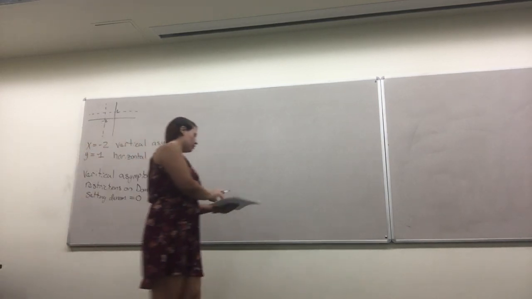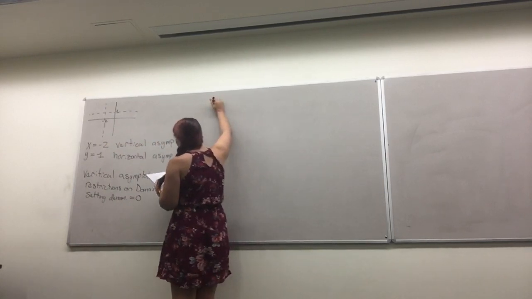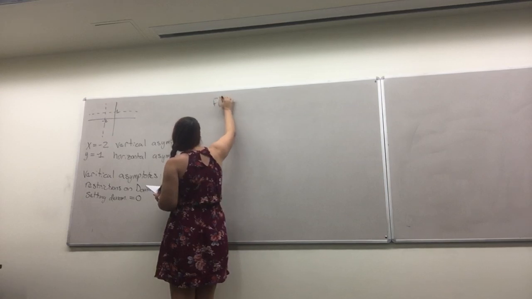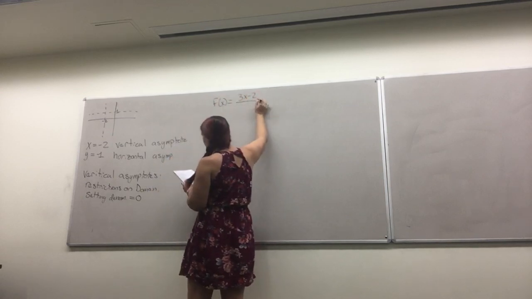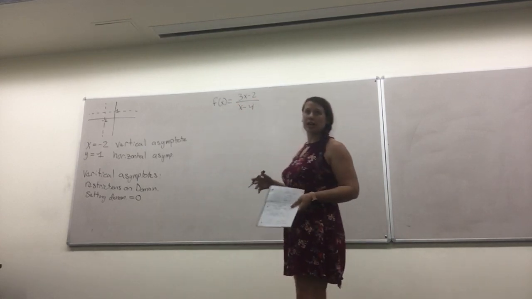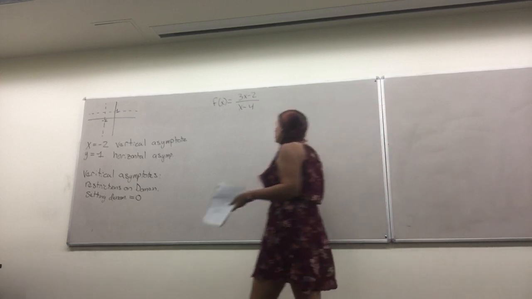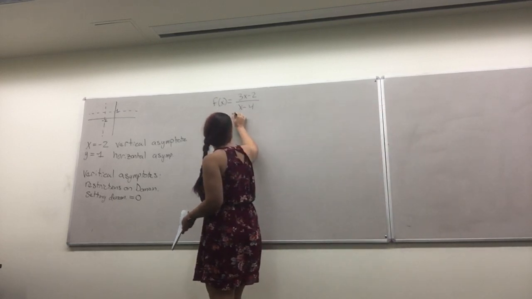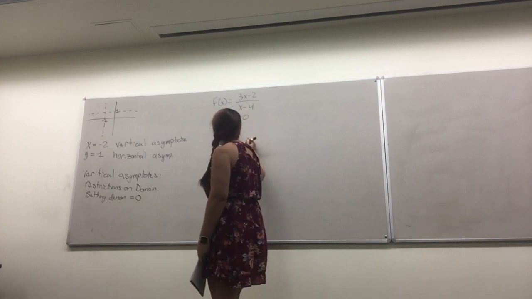So let's do some examples of that. If we're given f of x is equal to 3x minus 2 over x minus 4, and we're just wanting to find the vertical asymptotes, we're literally just saying set x minus 4 equal to 0 and solve, so that's x equals 4.